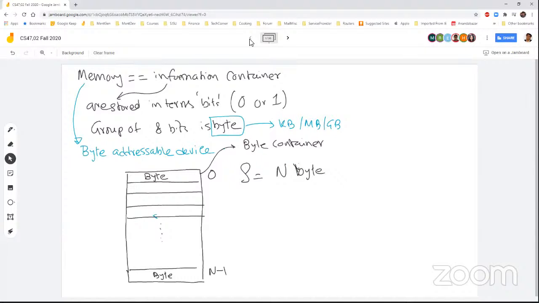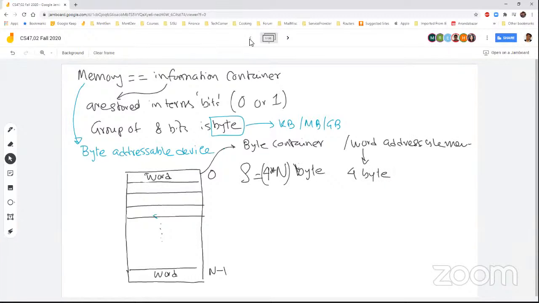Now, if the problem says it is a word addressable memory, what it is really saying is that instead of each container containing a byte, it contains a word. So in terms of bytes, it will be 4 multiplied by n bytes, because one word is 4 bytes. That is a unit conversion. So far so good, right?